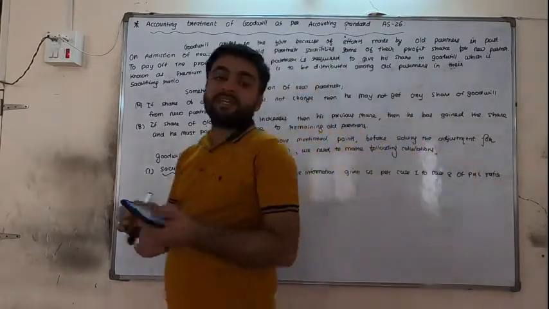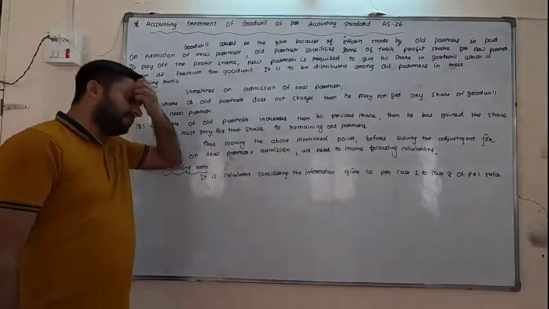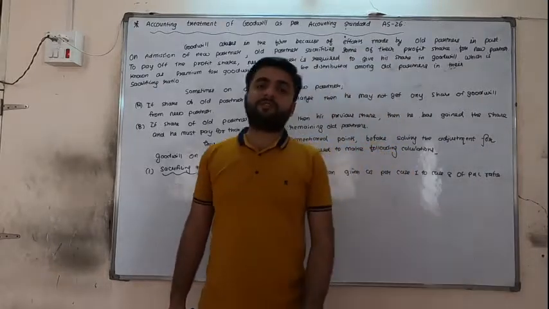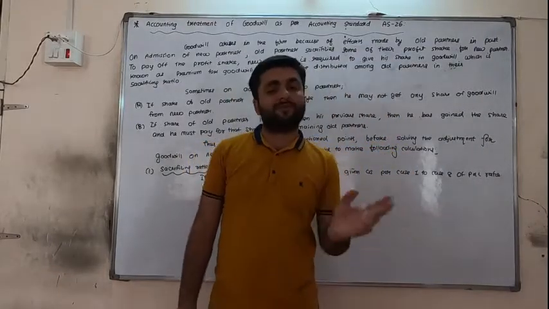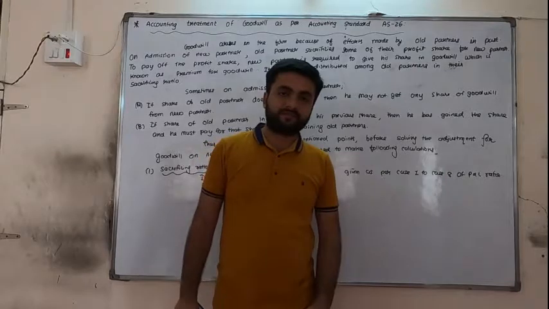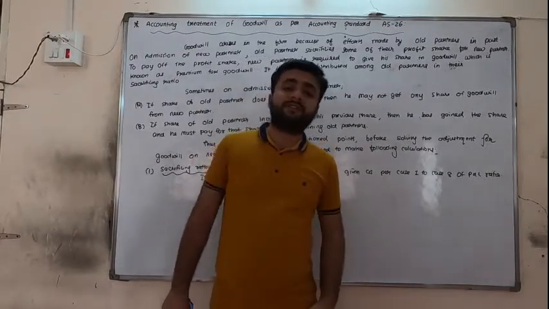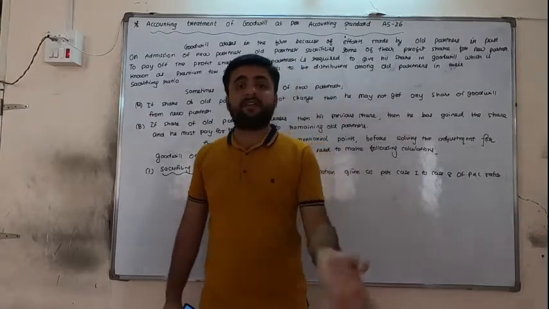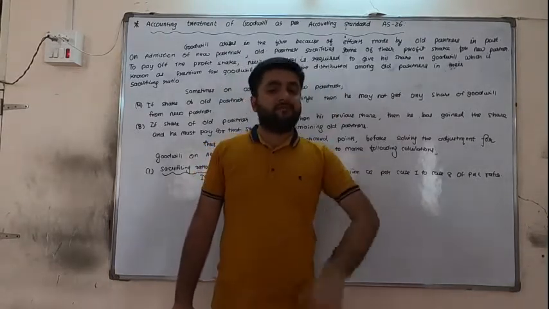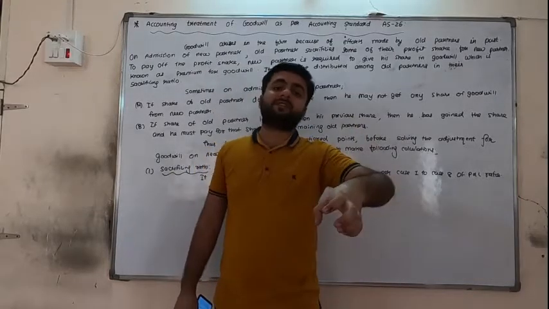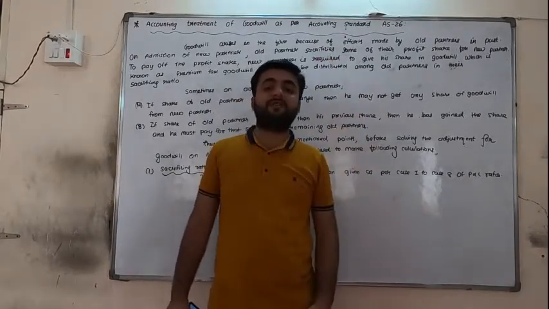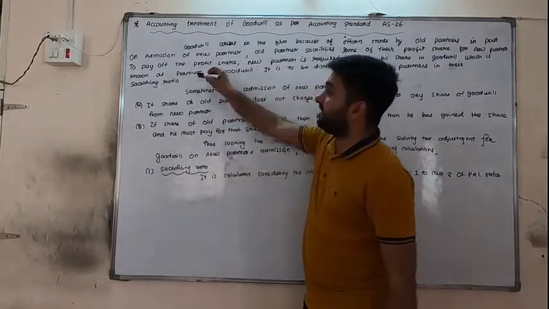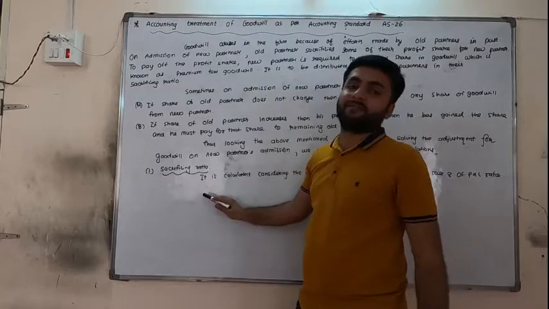In the previous topic itself, we have learned how to calculate sacrifice ratio. So first you should see the information. If old ratio is only given and share of new partner is given, then old ratio is equal to sacrifice ratio. And if old and new both ratios are given, then sacrifice is equal to old share minus new share. If sacrifice shares are given, then you can make sacrifice ratio from that. If fraction of sacrifice is given, then first obtain sacrifice share, then find sacrifice ratio. If sacrifice ratio is directly available, then also it's not a problem. So friends, we need to distribute this premium of goodwill in sacrificing ratio.